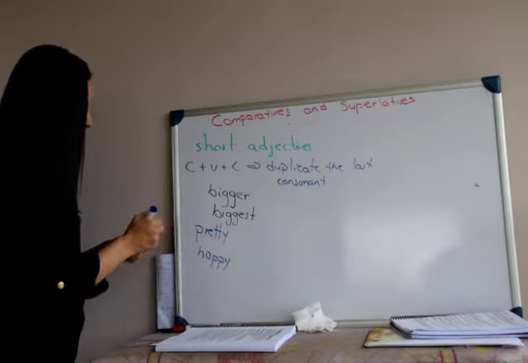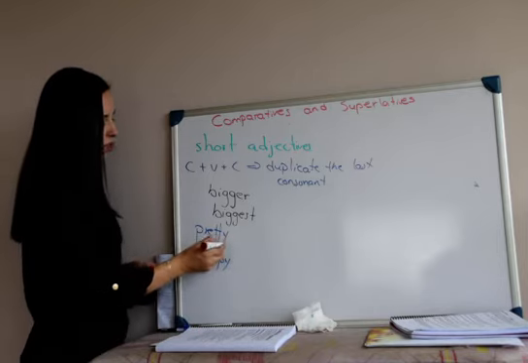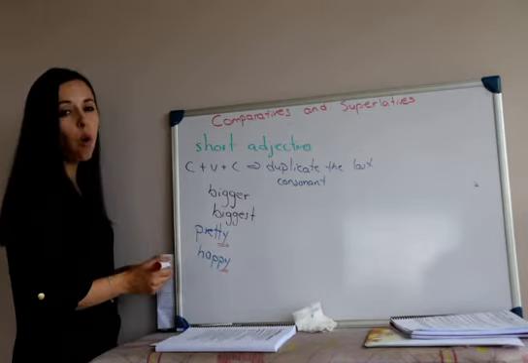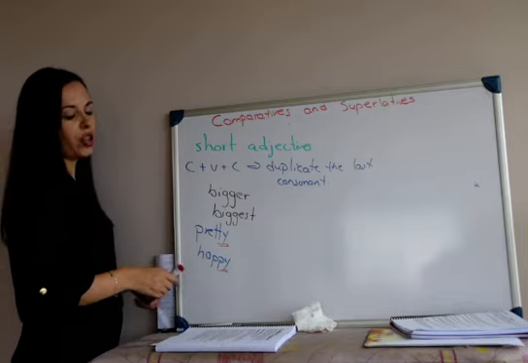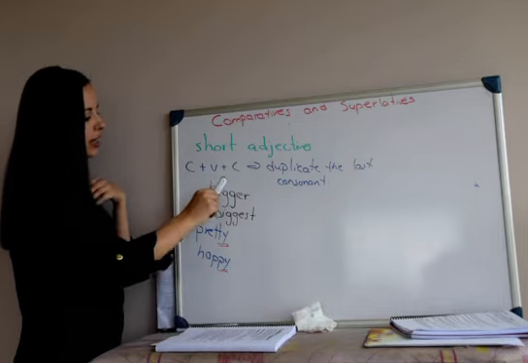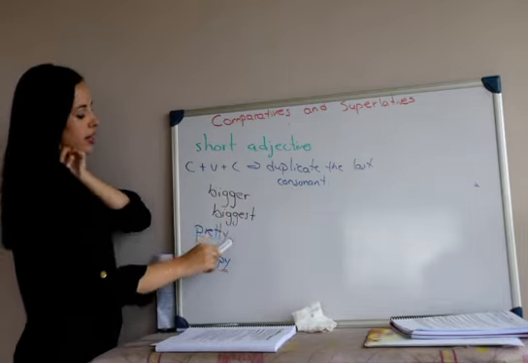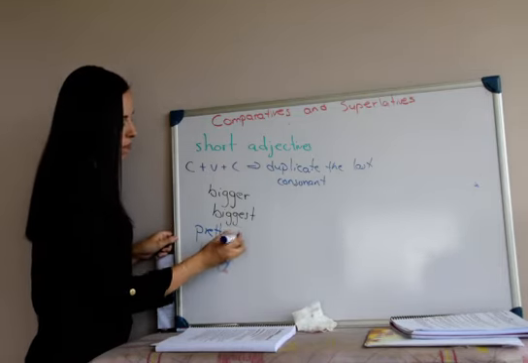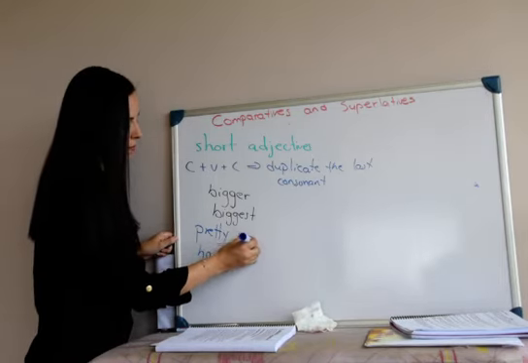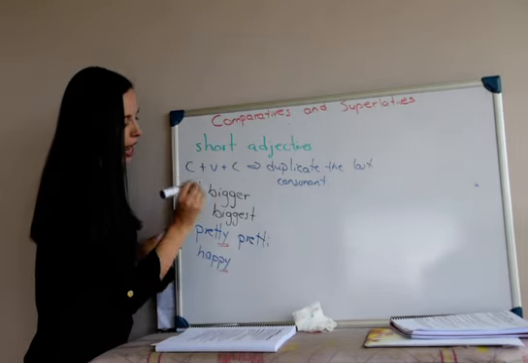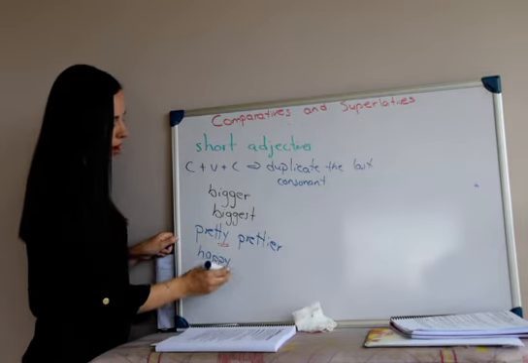Okay, when we have an adjective that ends with consonant Y, we need to change that Y. Before adding the ER or the EST, we change that for a regular I, ER.